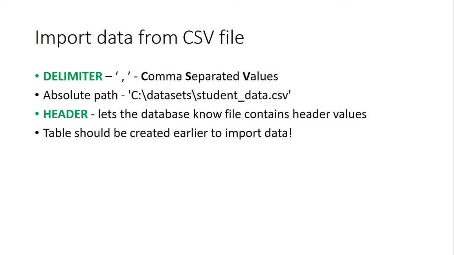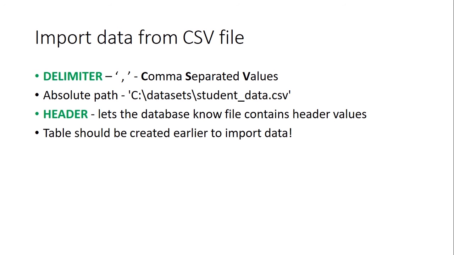Okay, so next we are going to talk about importing data to our tables. Here we are going to import data from a CSV file. So what's a CSV file? It's a comma separated values file, which means two data items are separated with a comma.